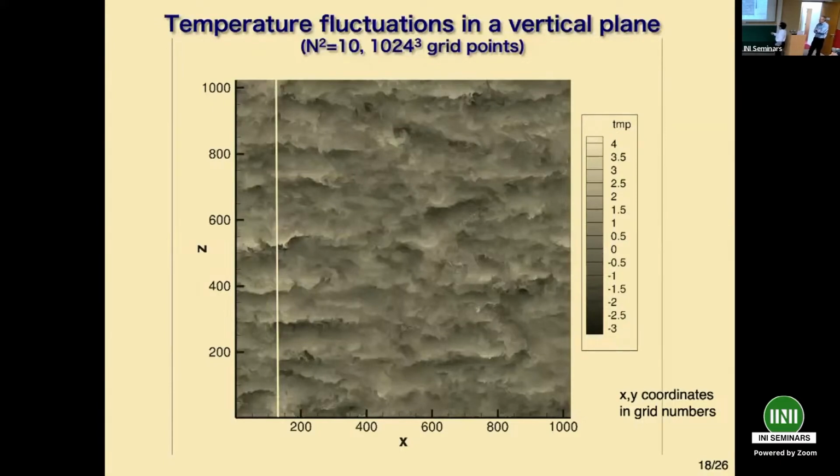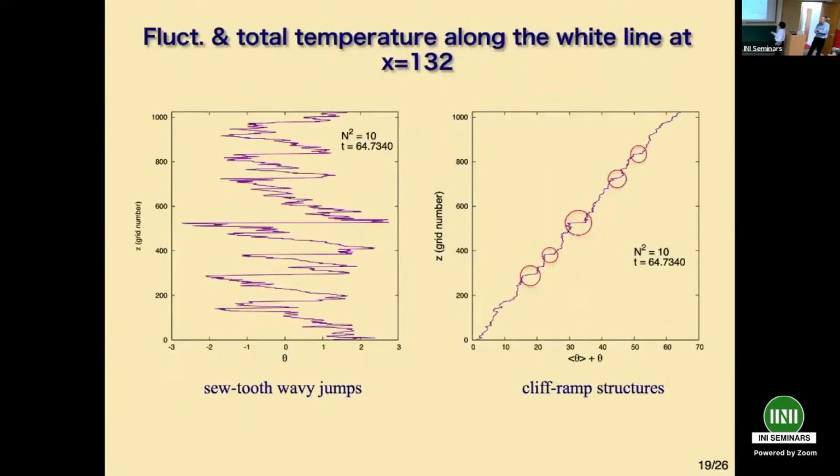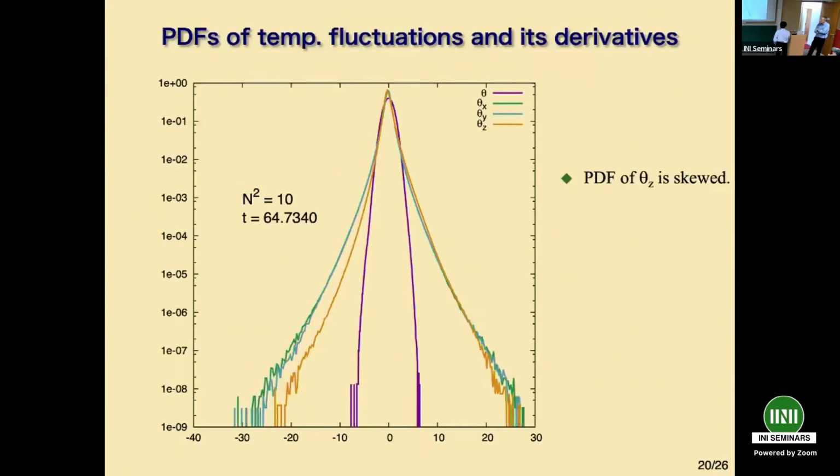We chose this line as a typical place. But to support this, we calculated the PDF in the whole domain. It's asymmetric, skewed, which supports it. So where the temperature is higher, the gradient is bigger.